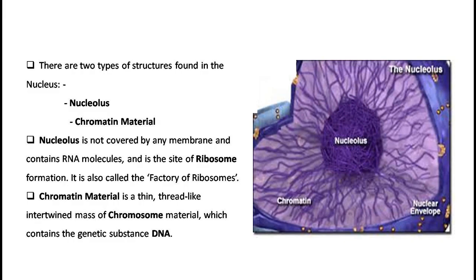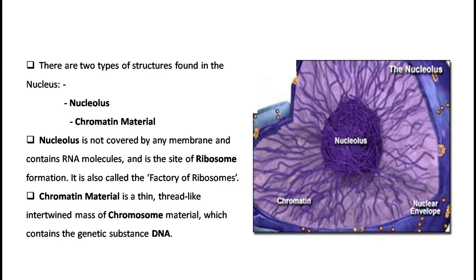There are two types of structures found in the nucleus, the nucleolus and the chromatin material. As you can see in the picture, nucleolus is not covered by any membrane, and it contains RNA molecules and is the site of ribosome formation.